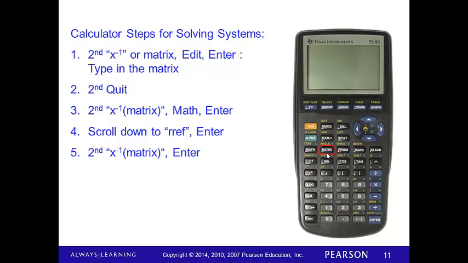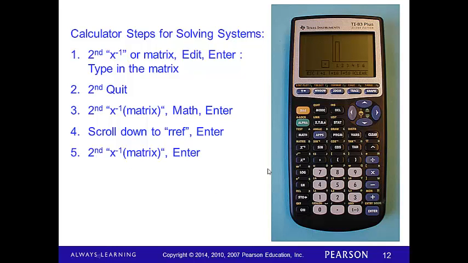Now, if you're using a different version, like the 83 plus, which is like the 84 plus and the 84, there's a key that has x to the -1 to the far left, and above it is matrix in yellow, which means you must hit the second key first.